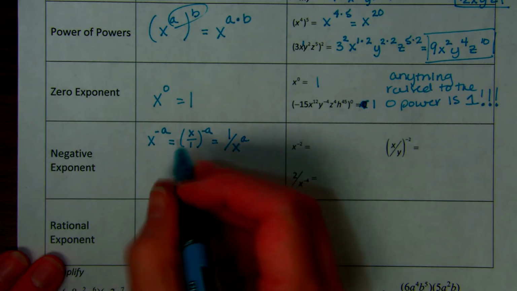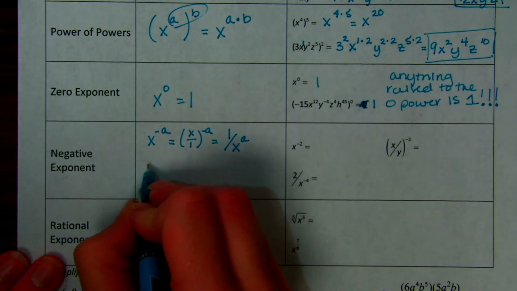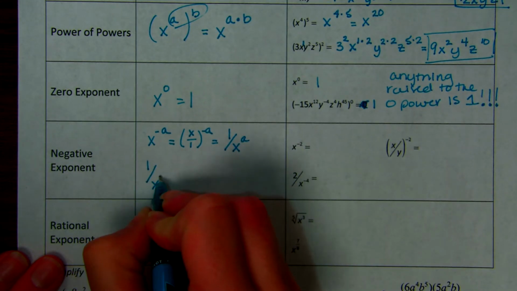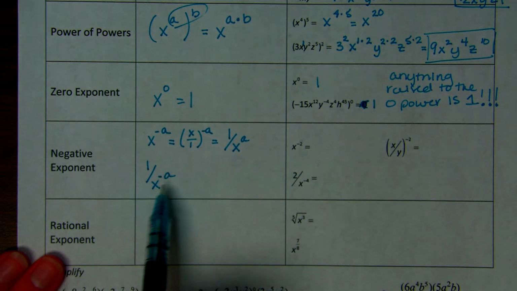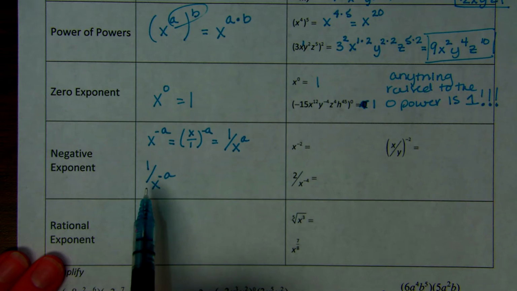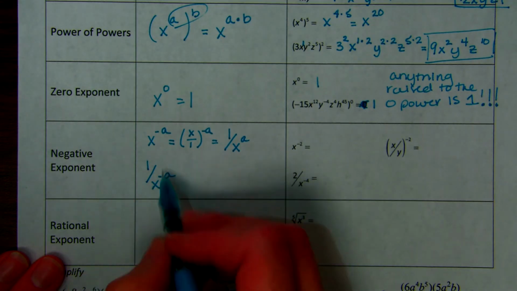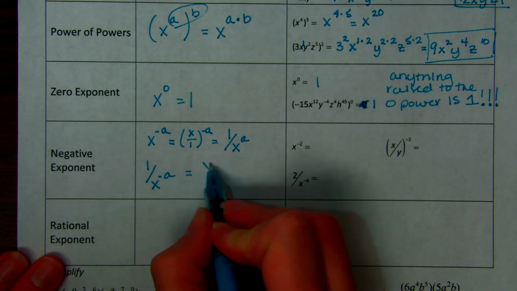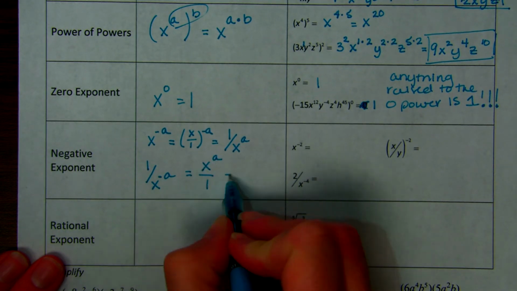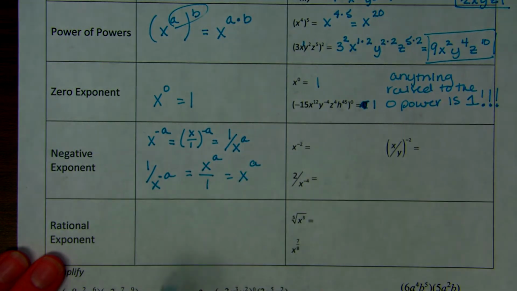Now, if you started with 1 over x to the negative a, again, that negative is saying, hey, this is not where it's supposed to be. You need to move it. And so instead of putting this in the bottom of a fraction, it comes out of the fraction. It ends up being x to the a over 1, or just x to the a.